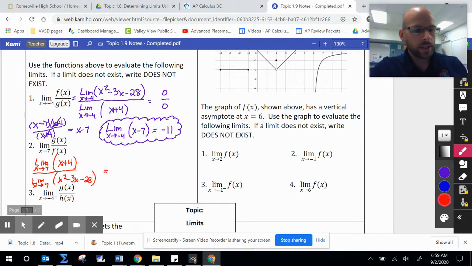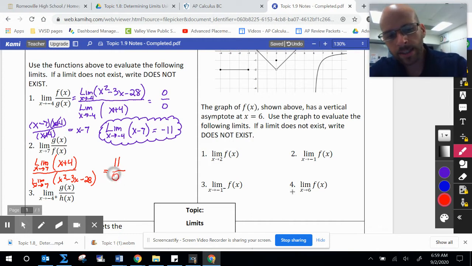Now, if I plug a 7 in, I'm going to get an 11 over, and if you plug 7 into the bottom, based off our factoring that we did earlier, we should get a value of 0 here.